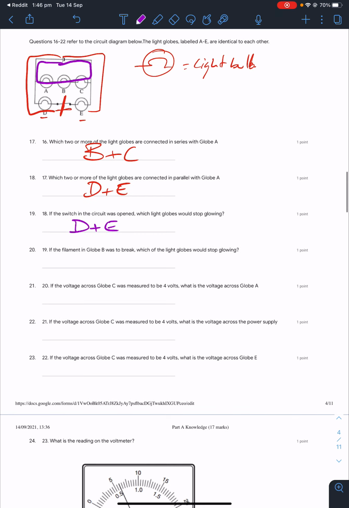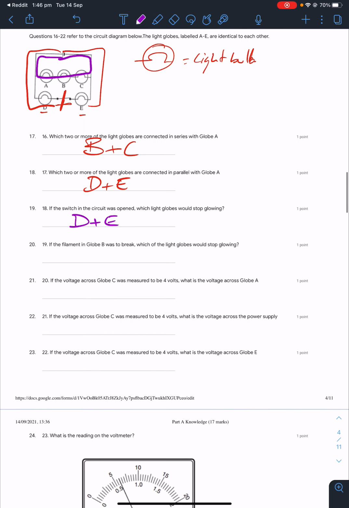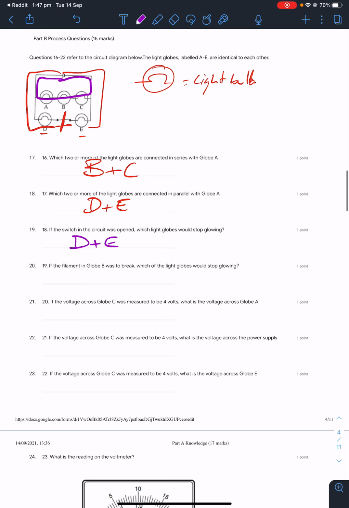If the filament in globe B was to break, which lights would stop glowing? Okay, let me erase my scribble. So B's out, and the filament is part of the circuit. So if the filament breaks, this inner circuit now will not work, but this outer circuit will still work, okay?